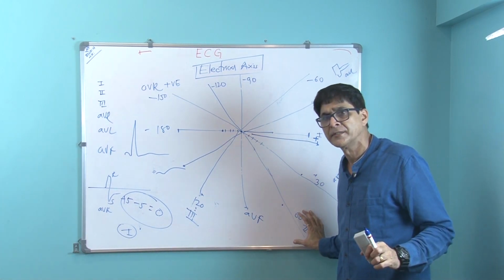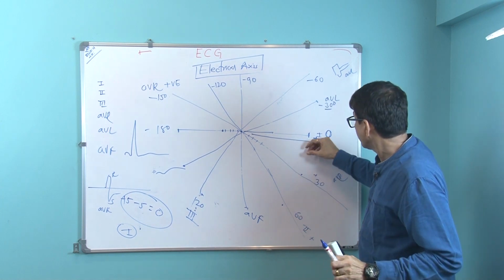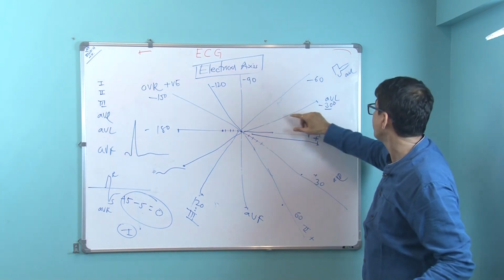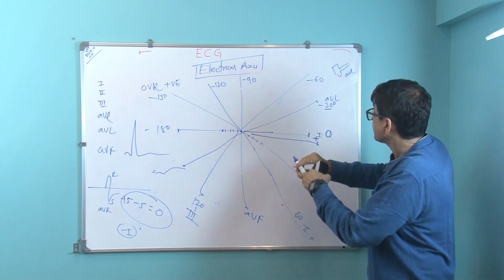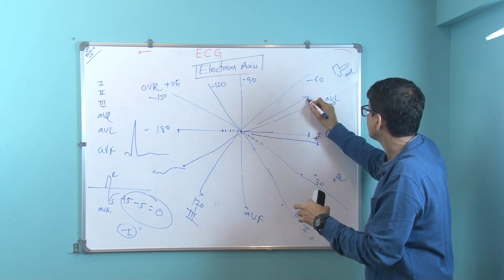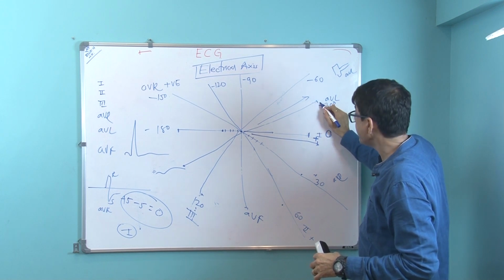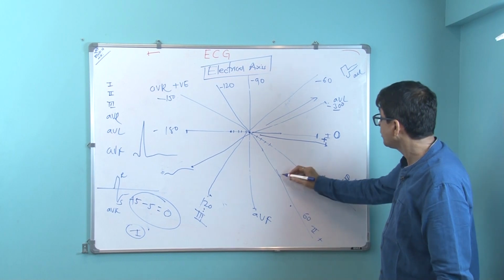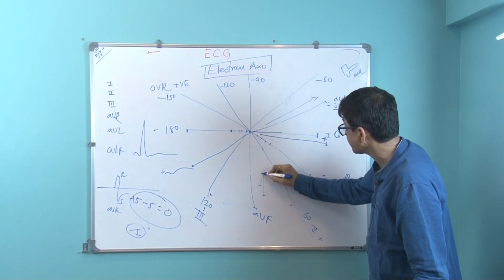But suppose you find a very tall R wave in AVL, that means the QRS vector is oriented here. So perpendicular to AVL is which lead? Lead 2. Lead 2 will have almost equivocal deflection.